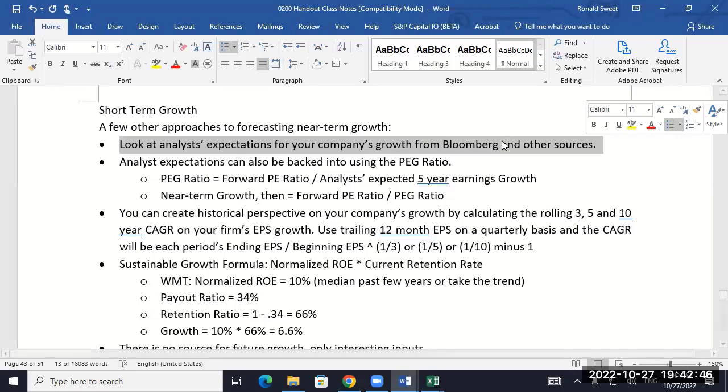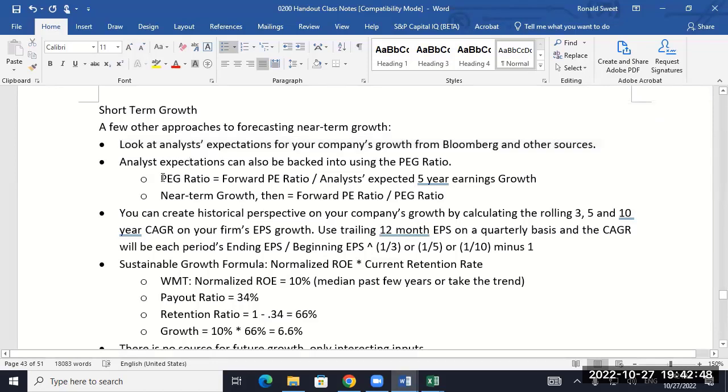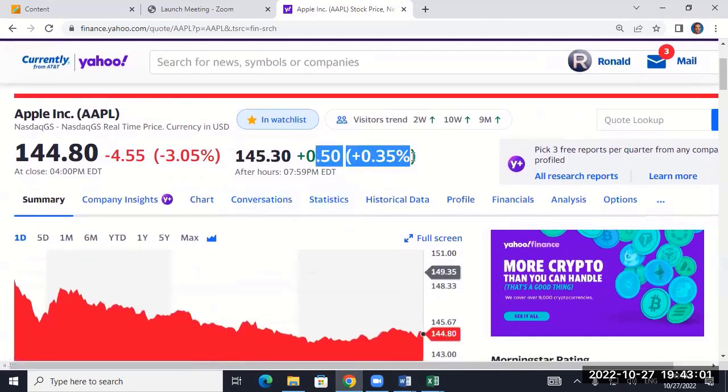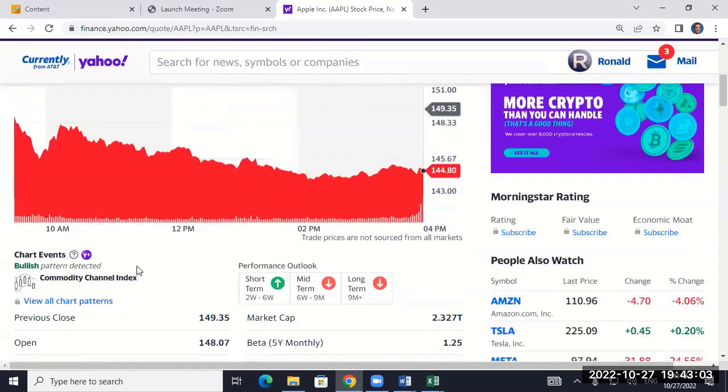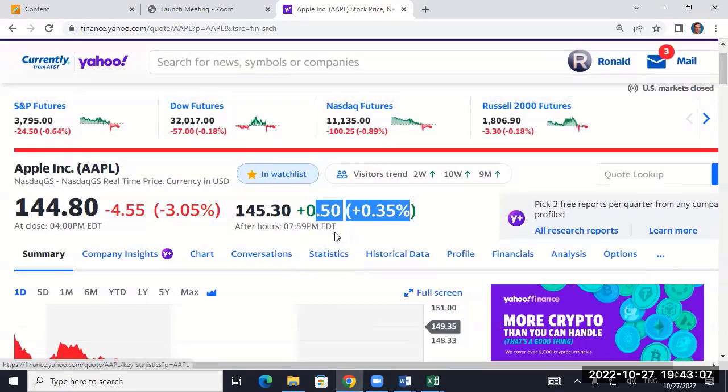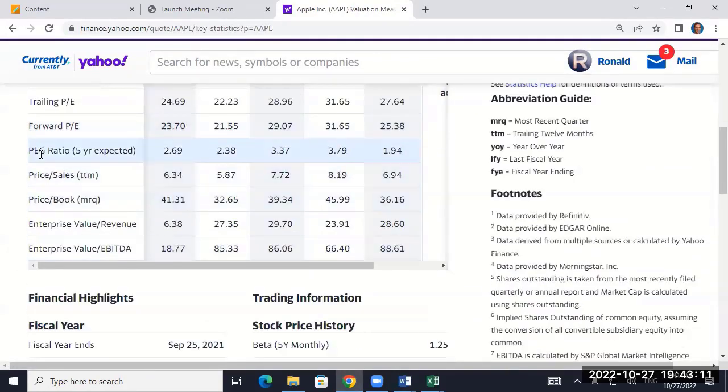Another way to use analyst expectations is the PEG ratio. The PEG ratio is the forward PE ratio divided by the next 5 years earnings growth, so it gives you a number. So here's Apple. Apple reported today, and it doesn't seem like they're crashing like everybody else. If you go under statistics, they'll give you the PEG ratio.